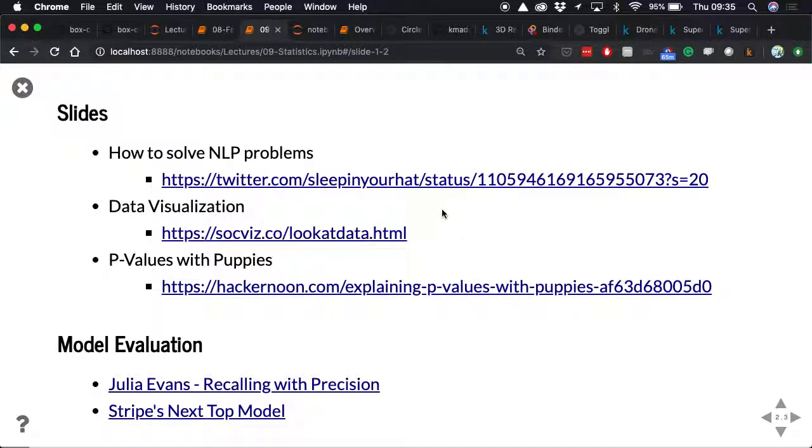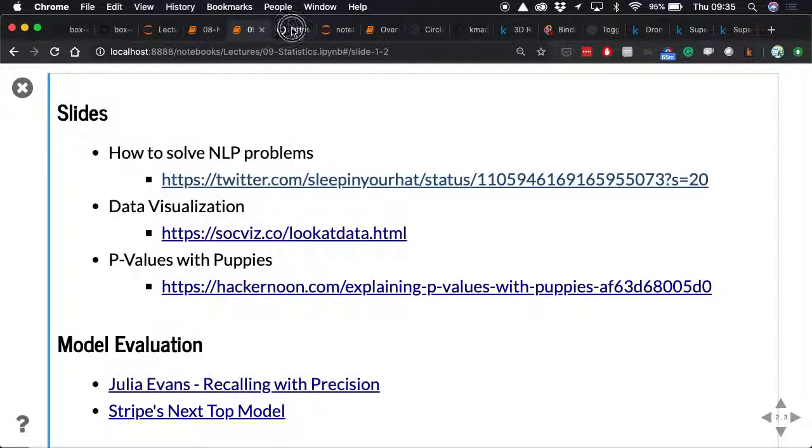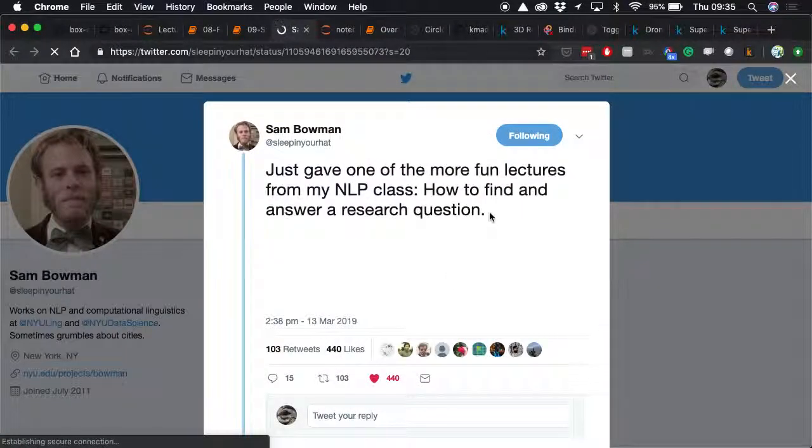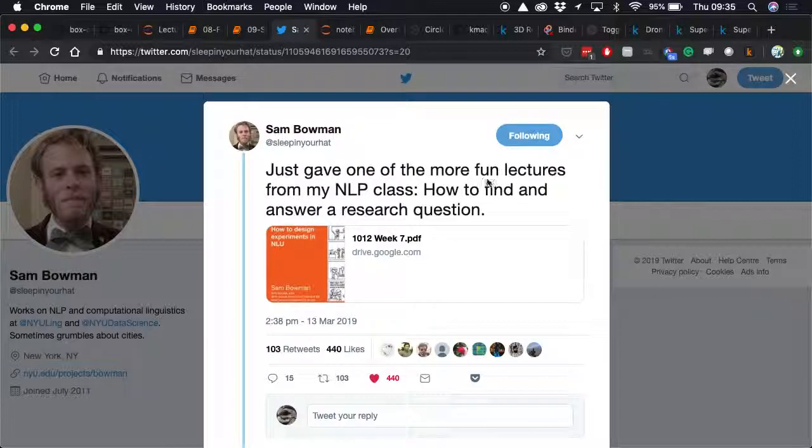I then have some slightly less serious links here. The first one is how to solve natural language processing problems. It's obviously a very different topic than what we're covering, but it's quite a nice slide set. If you click on it, you get to the tweet, which links to Google Drive, and this is from a professor of computational linguistics on how to find and answer a research question.